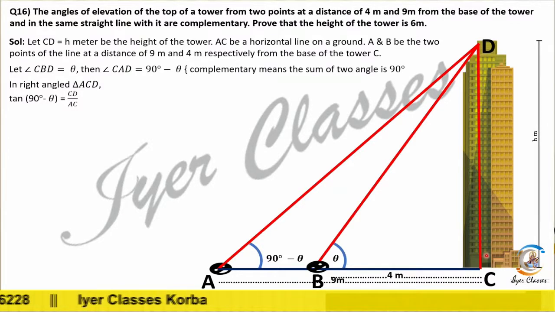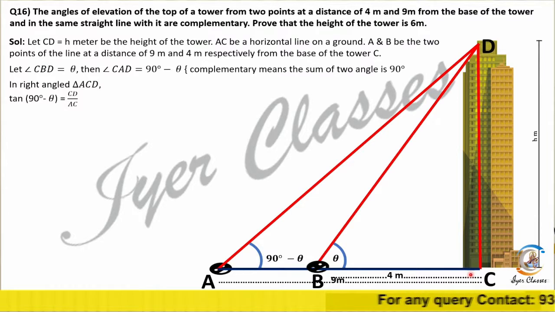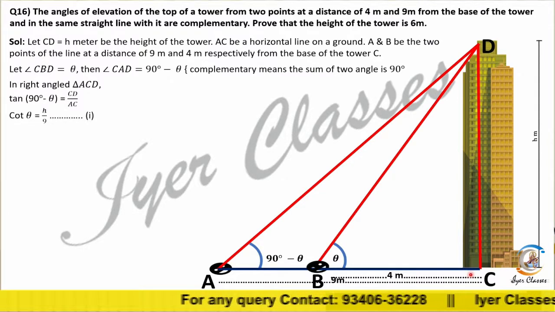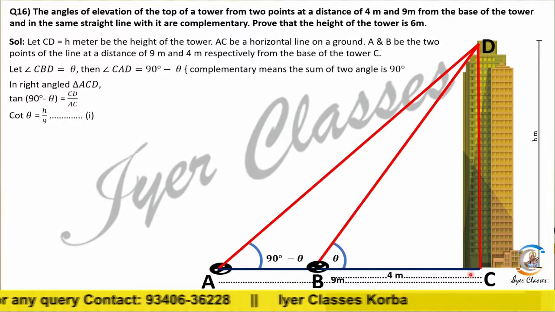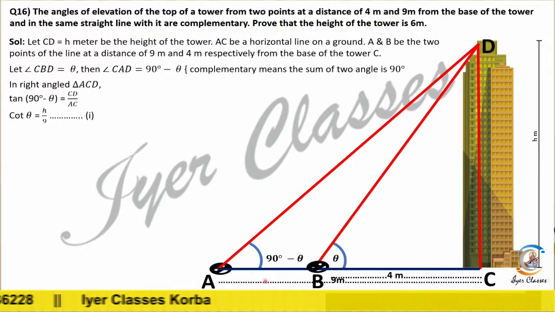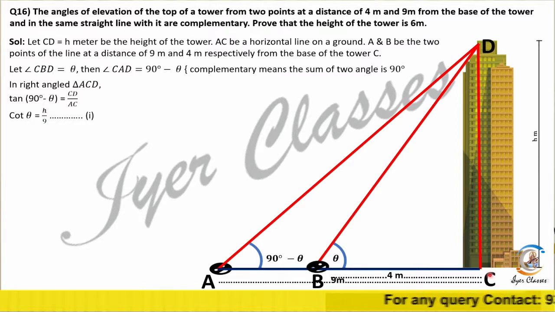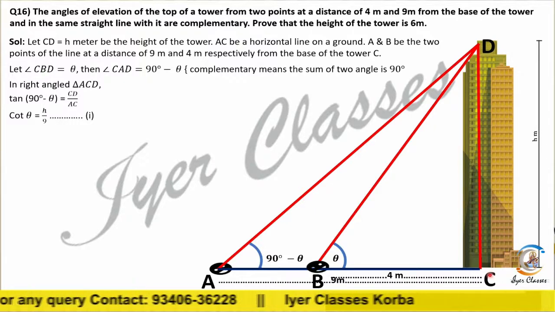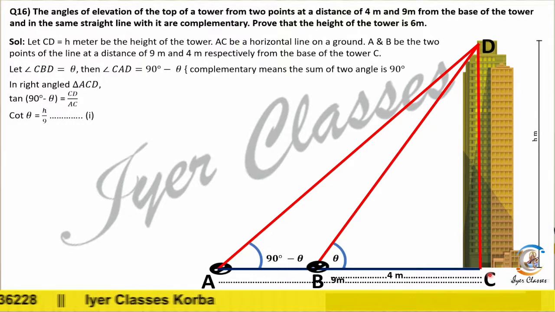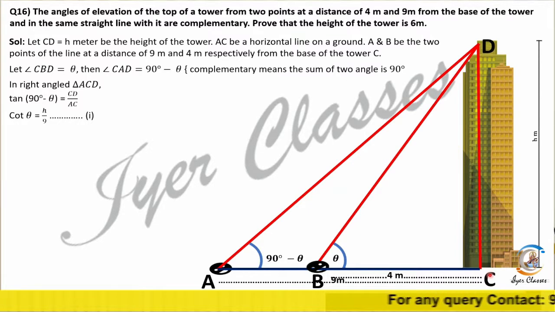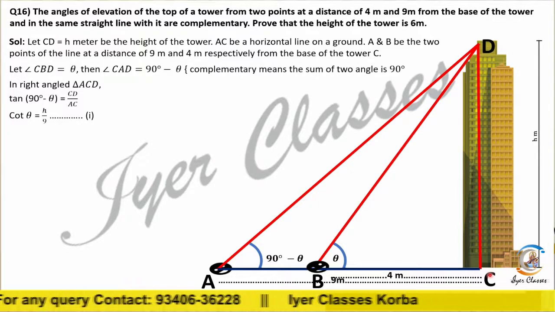It is CD and the base is AC. Put the values. So you have cot theta is equal to h by 9, because CD is equal to h and AC is equal to 9, and tan 90 minus theta we know is equal to cot theta, because the angles are complementary, and we know that cot theta is equal to cos theta by sin theta.